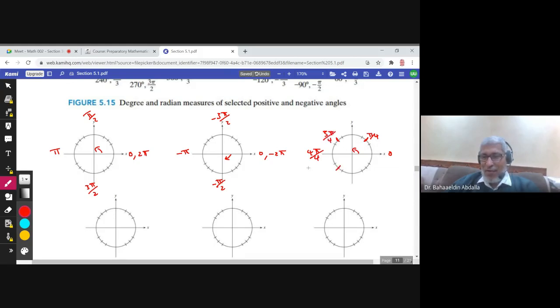After 4 pi over 4, what do you have? 5 pi over 4. Okay? And remember, this angle is 2 pi or 8 pi over 4. Before 8 pi over 4, what do you have? 7 pi over 4. Pi over 4 is very important. Here pi over 4, here 3 pi over 4, here 5 pi over 4, and here 7 pi over 4.